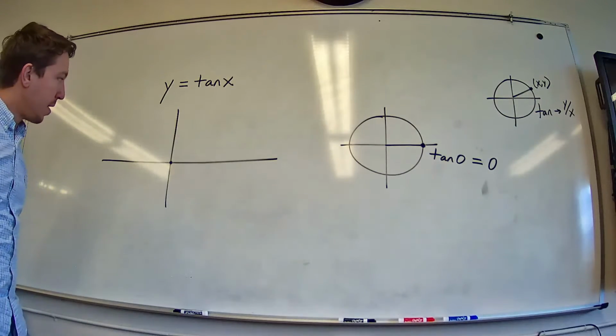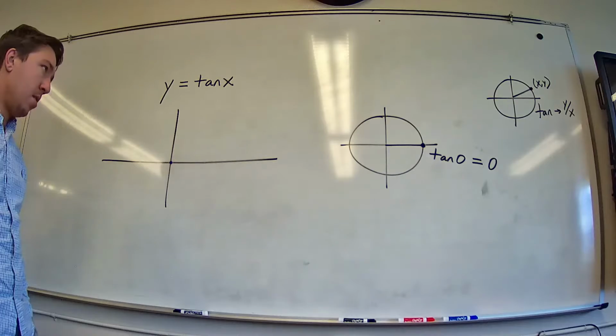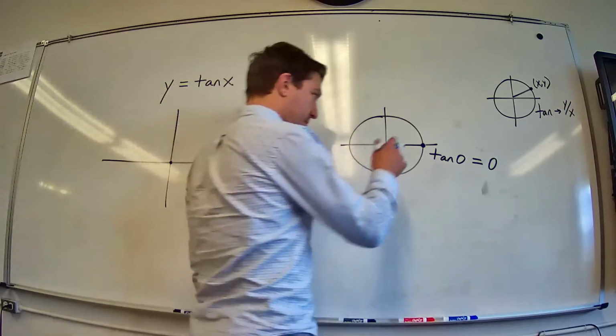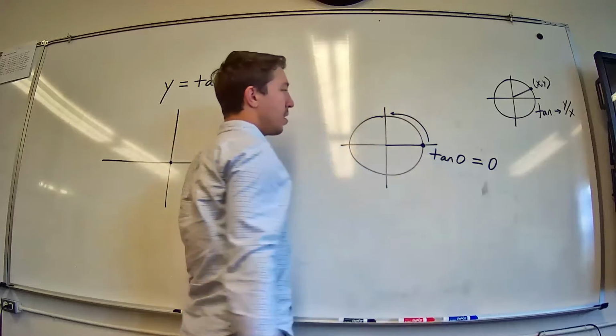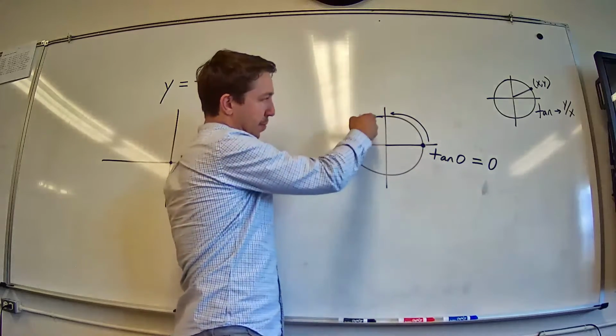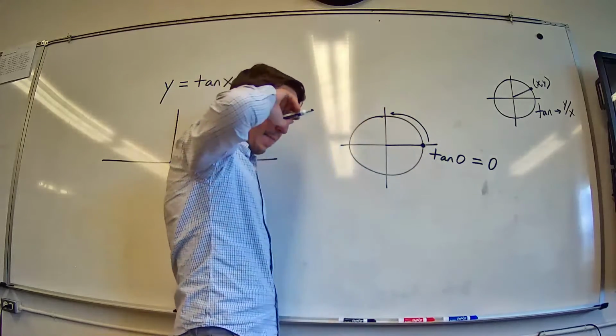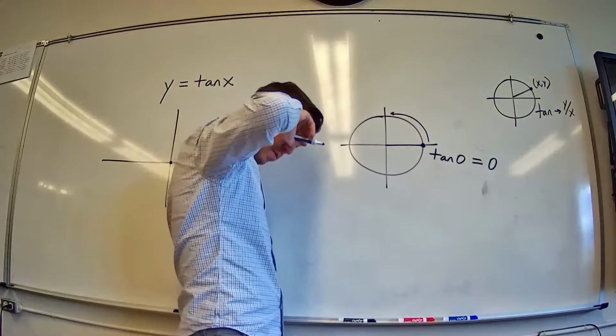Okay. Now, the question you want to answer, let's just do it all at once here. What happens as we approach pi over 2? What happens to our tangent numbers?